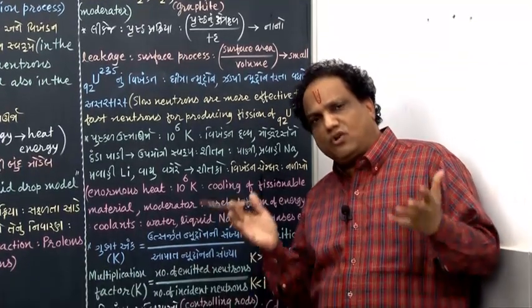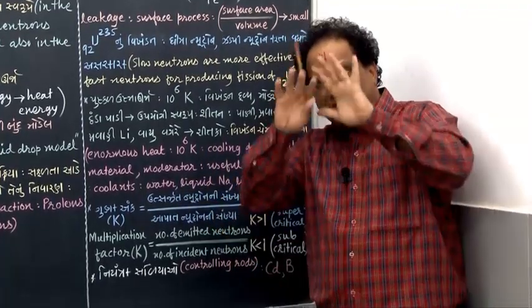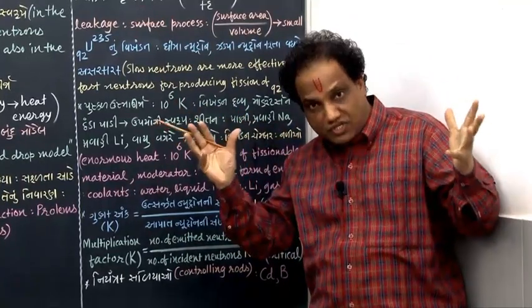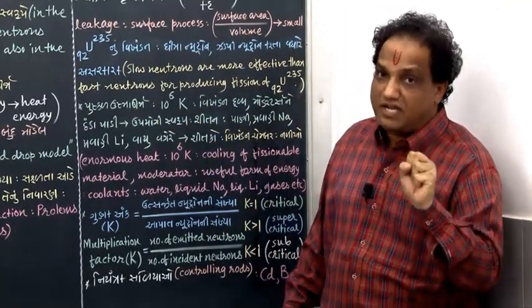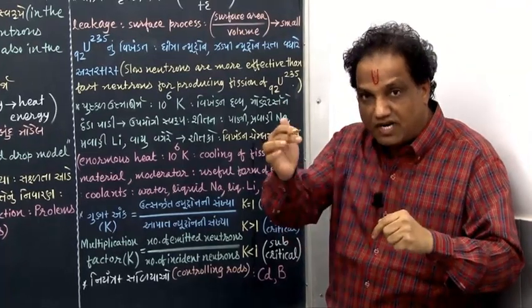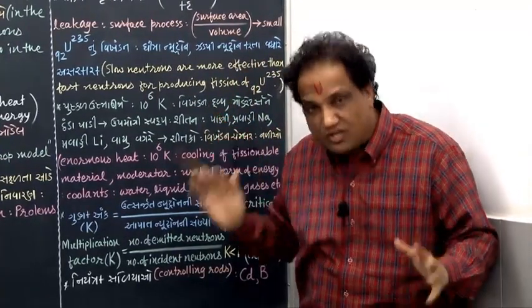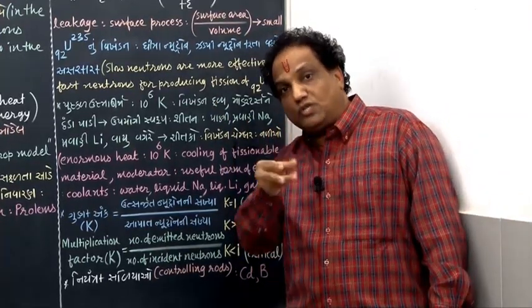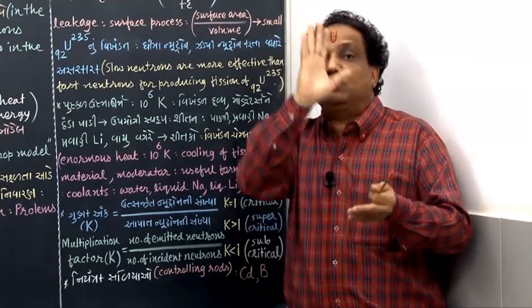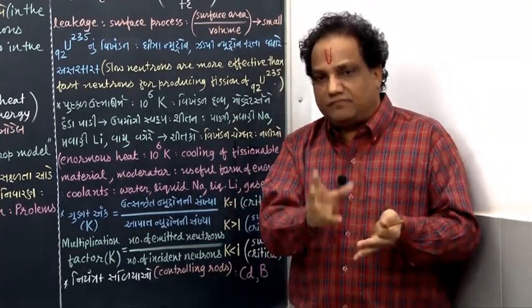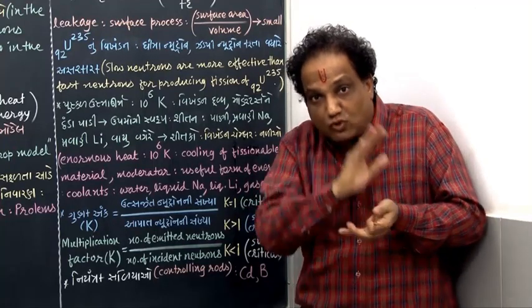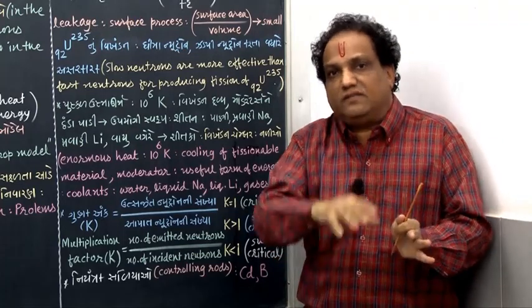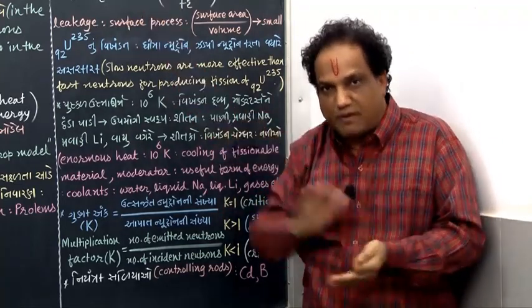Because of such enormous heat, the fissionable material, moderators, every substance is getting heated up so much. We would like to absorb that heat energy and convert it into another useful form of energy. For that, we pass some cold substances through tubes inserted into the fission chamber. When these cold substances are passed through those tubes, they absorb the excess heat energy, and that excess heat is withdrawn from the chamber.